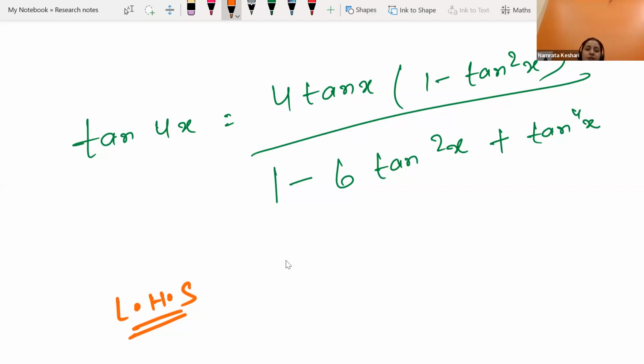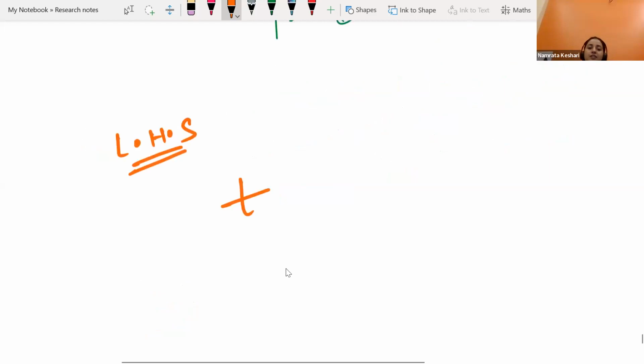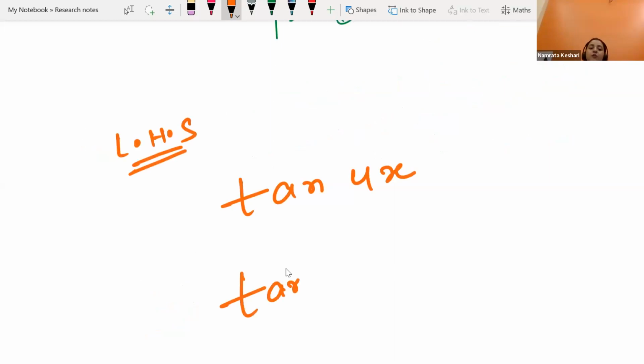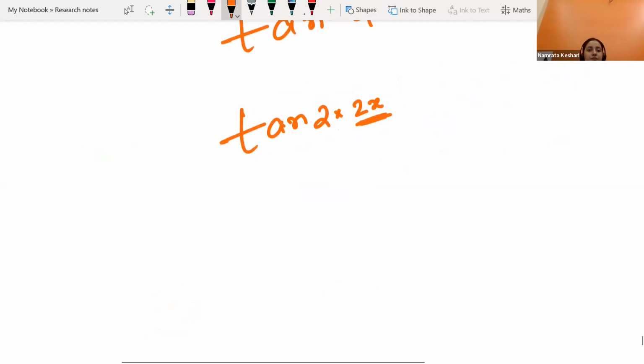Let's try working on the left hand side first, because we have just seen the formula for tan 2x and it seems like we will be able to use it. So 4x can be written as 2 into 2x. So tan 4x is tan 2 times 2x, where our x is 2x.